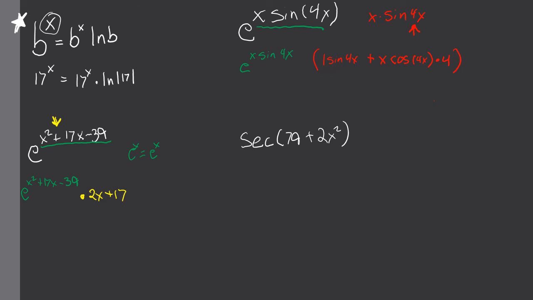So the derivative of e to the x sine 4x is e to the x sine 4x, that's our outermost function, multiplied by sine 4x plus 4x cosine 4x. Quite a doozy.